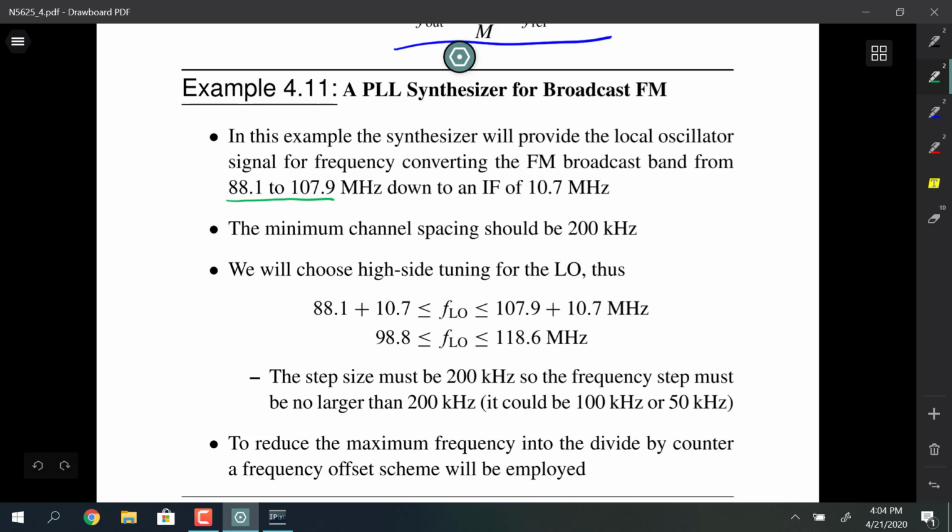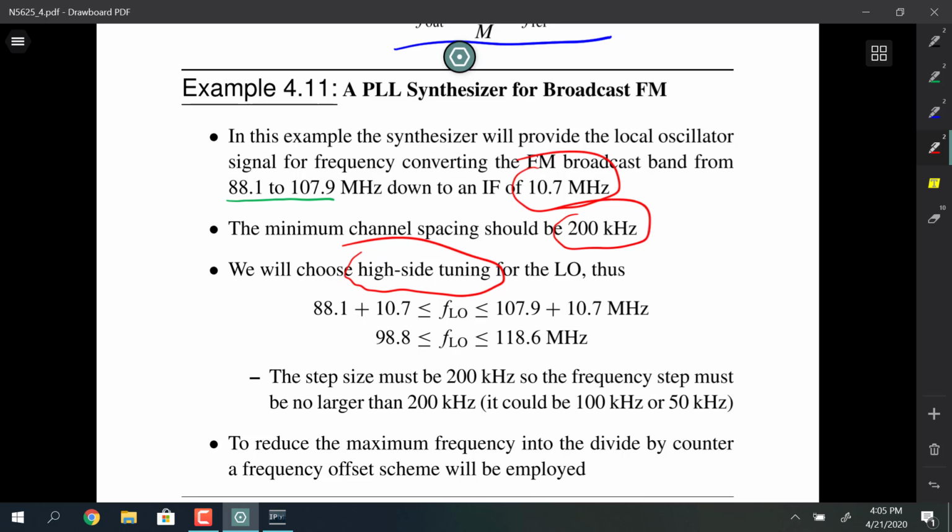So our side information pieces are: we want to get down to an IF of 10.7 megahertz, we want to take into account that our channel spacing is 200 kilohertz minimum, and then we have to decide whether we want high side or low side. In this case we're saying high side tuning. Those three things will give us the ability to spec out the design.